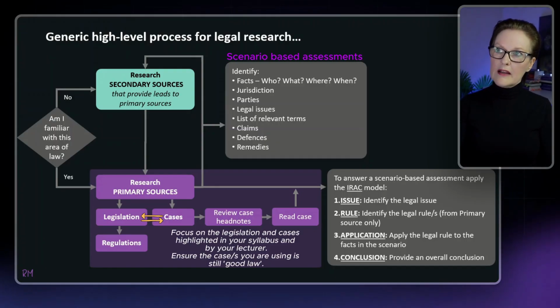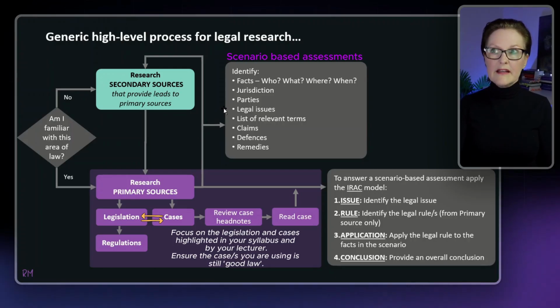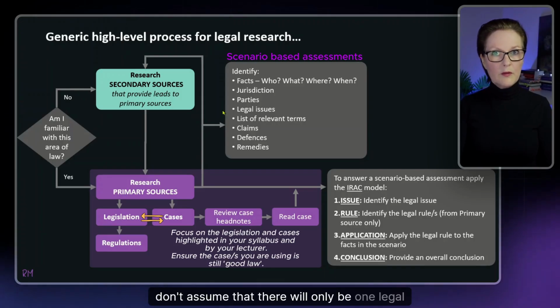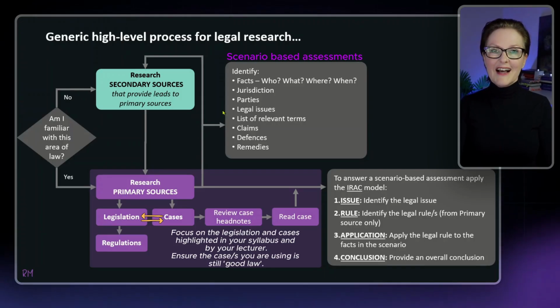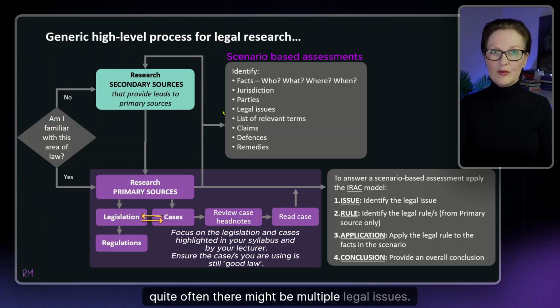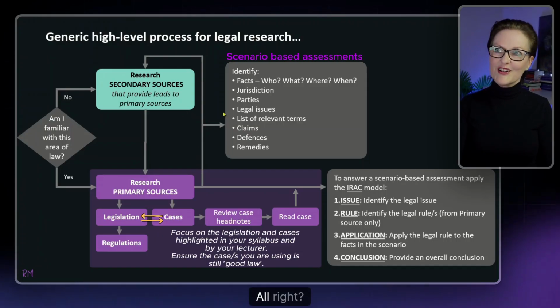And then, of course, as you're going through this loop here, you are starting to identify some of the legal issues. Now, with the legal issues, don't assume that there will only be one legal issue. Quite often, there might be multiple legal issues, all right?